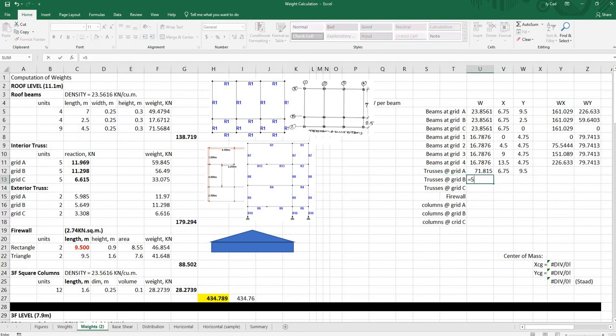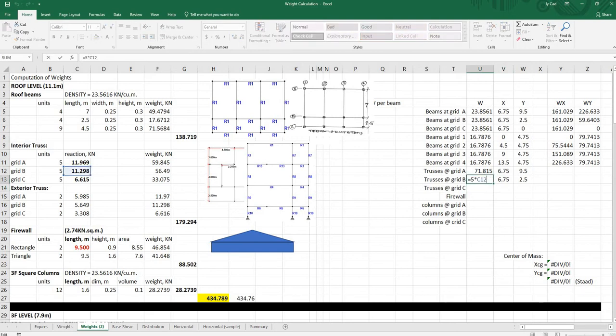Next, trusses at grid B would be 5 times interior truss at B, which is 11.298. And then the X coordinate would be 6.75 again. Pero ang Y niya is now 2.5.